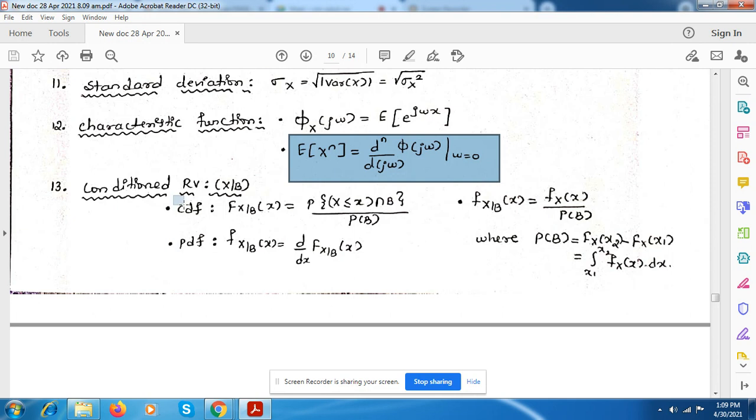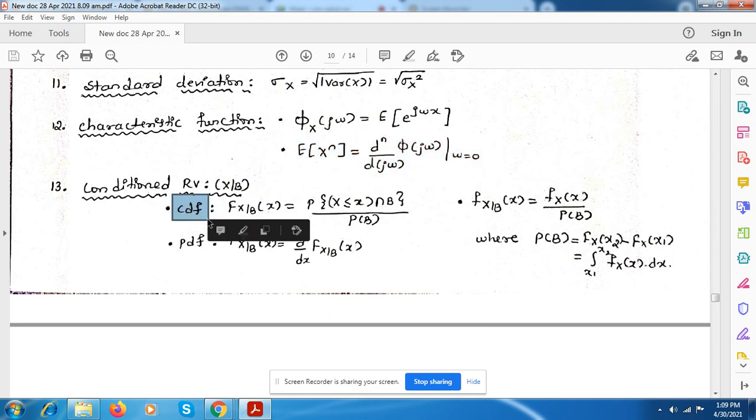And here we have the conditioned CDF and PDF values. This is the conditioned CDF value, that is F_X|B(x) is equal to the probability of X less than or equal to x intersection B divided by the probability of B, and the PDF value f_X|B(x) is equal to the differentiation of this CDF value.